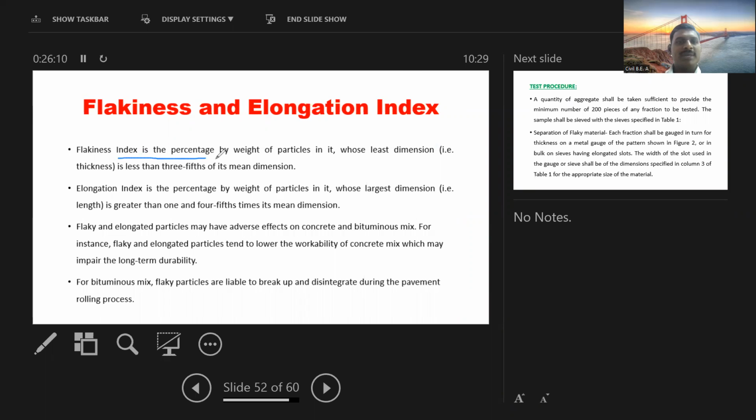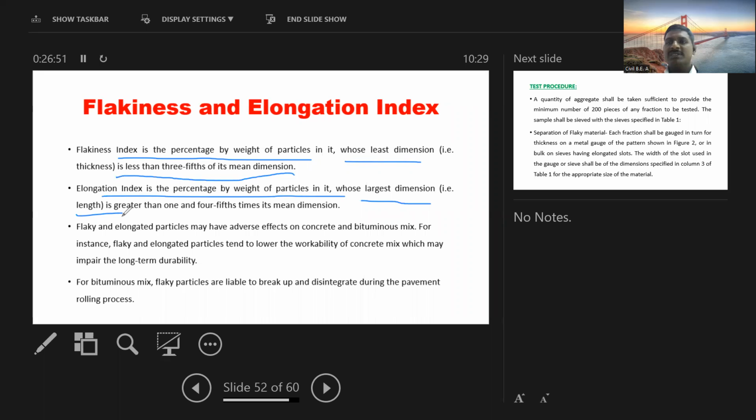Flakiness index is the percentage by weight of particles whose least dimension, that is thickness, is less than 3/5 of its mean dimension. Then elongation is the percentage by weight of particles whose largest dimension is concerned. The least dimension is the thickness and the largest dimension is the length.